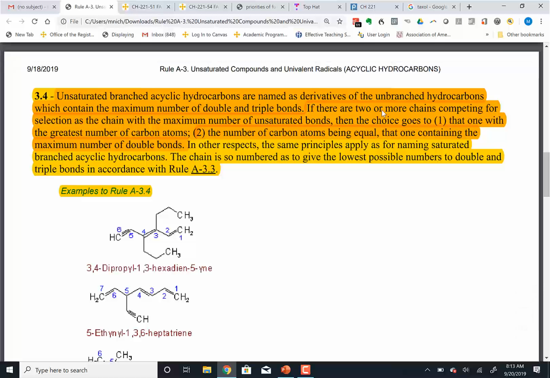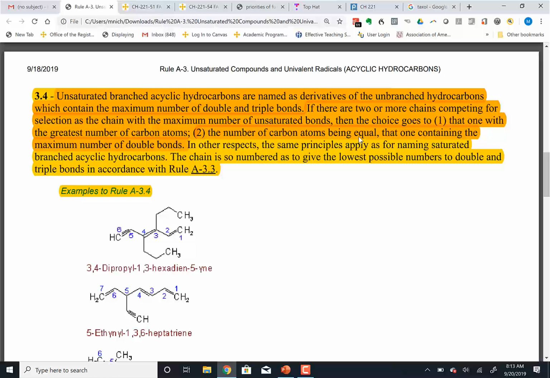If there's a tie, you're going to choose the longer chain. Those are the different tiebreakers. If the number of carbon atoms in the chain is equal, the one containing the maximum number of double bonds is the one you choose as the tiebreaker.